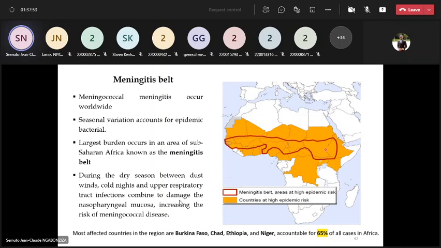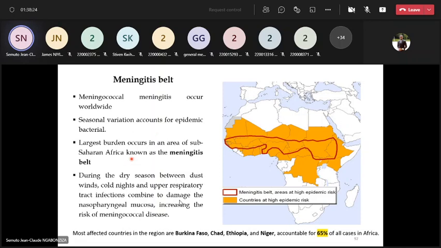This is where up to 65% of all cases in Africa are reported, in these few countries: Burkina Faso, Chad, Ethiopia, Niger, and Senegal. So this belt is where most epidemics take place.